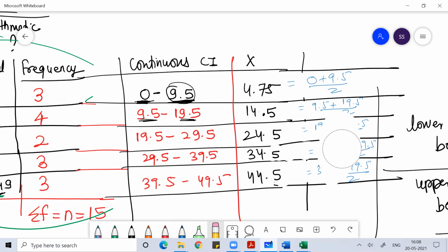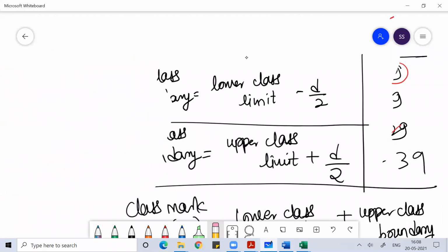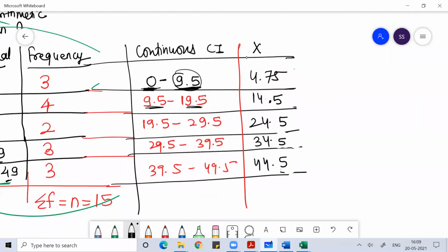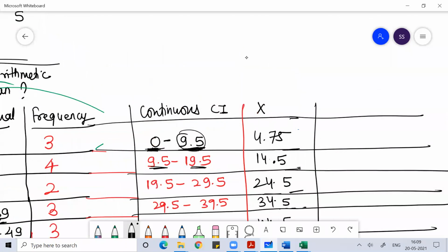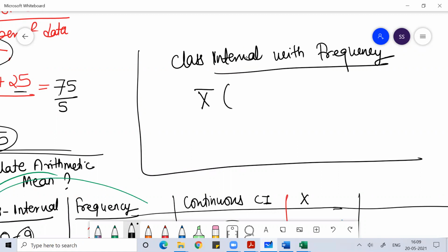Clear, everyone? So now, guys, whenever the data is given in class intervals with frequency, then the formula of arithmetic mean is not sum of data by number of data, which is for raw data.